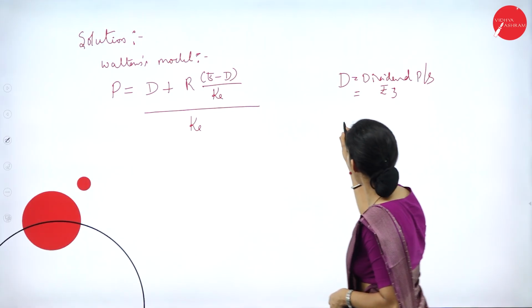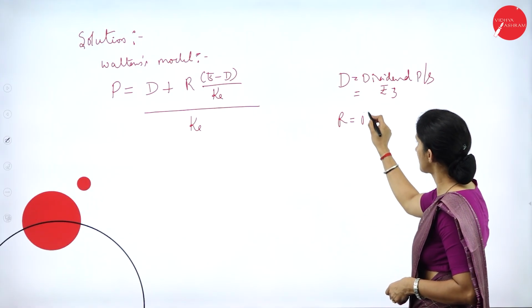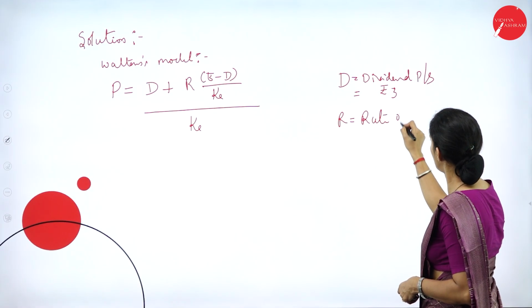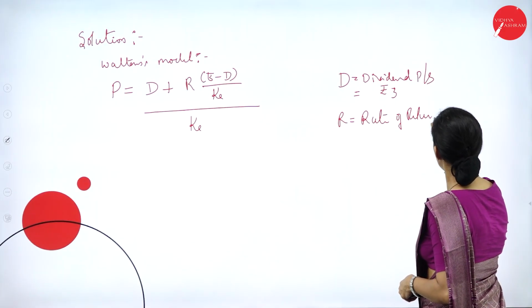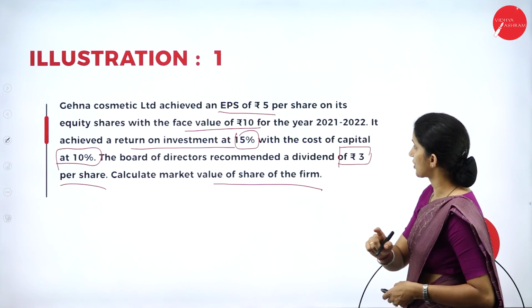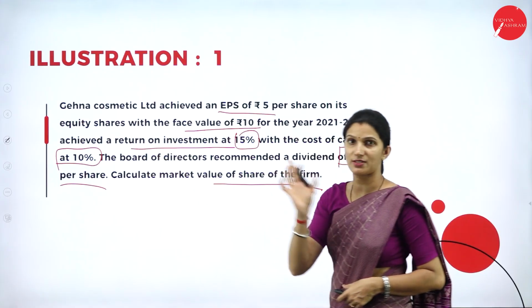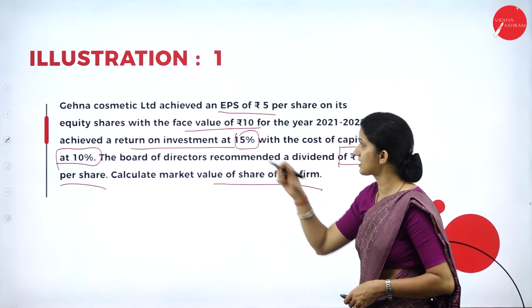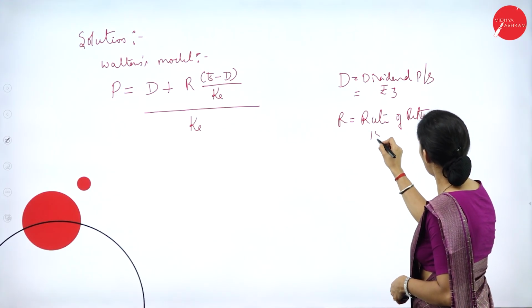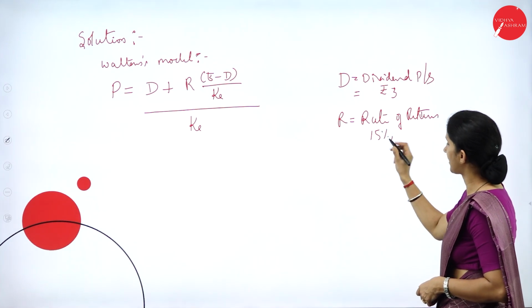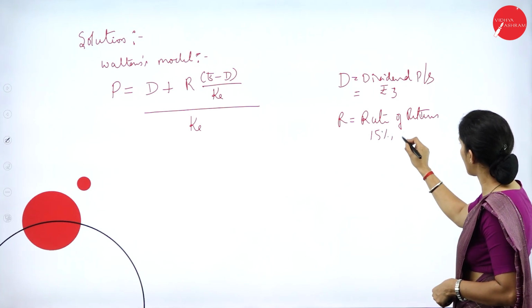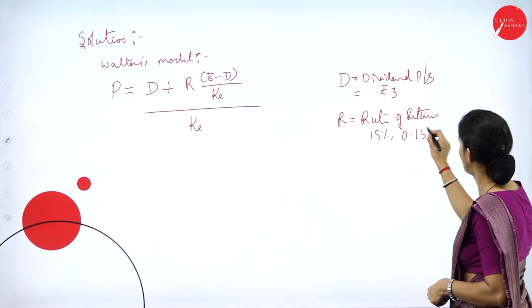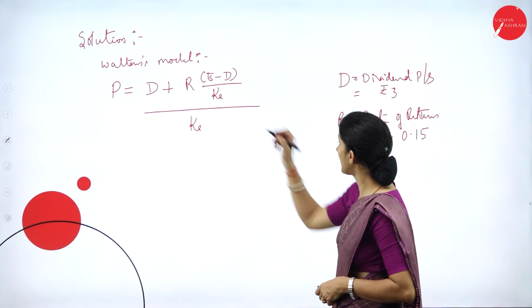Then we need R. R means rate of return. See your question? The return on investment, that is the firm's rate of return, is 15%. So 15%, when we take it in the formula, we can take it as 0.15.